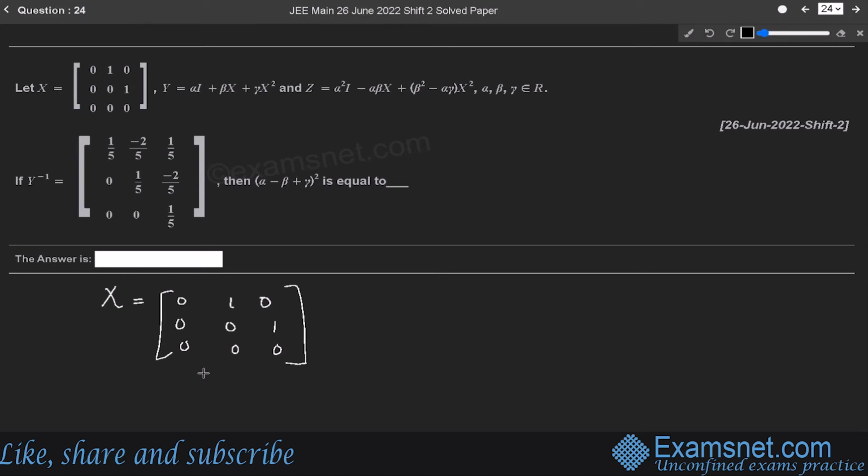So, we have to find the value for (alpha minus beta plus gamma) whole square.